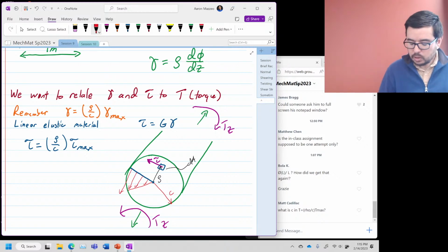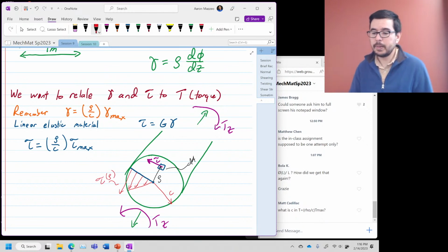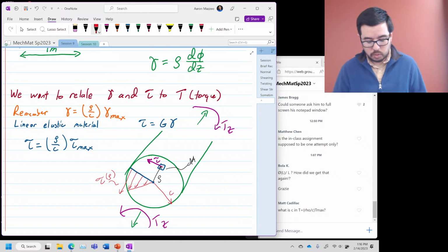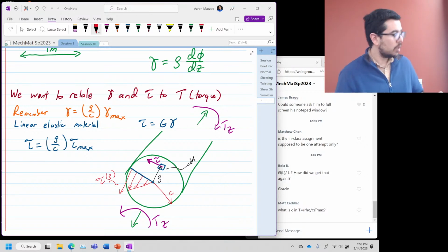Okay? So these are the shear stresses tau of rho. And they're increasing as they get away from the middle. So in order to come up with a relationship between these shear stresses and the torque, what do we say?